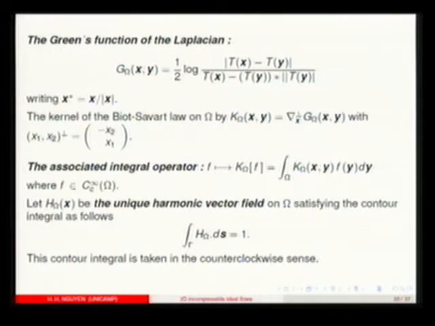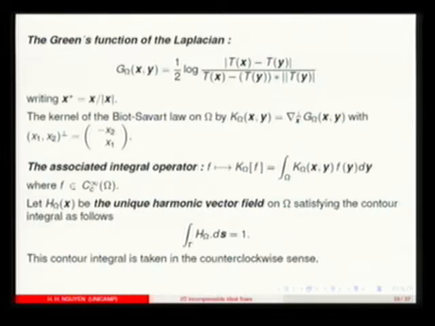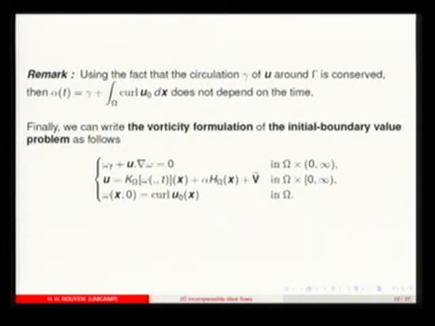Here, alpha is a time-dependent function, but after we use the fact that the circulation gamma of u around the boundary is conserved, we can show alpha does not depend on time.